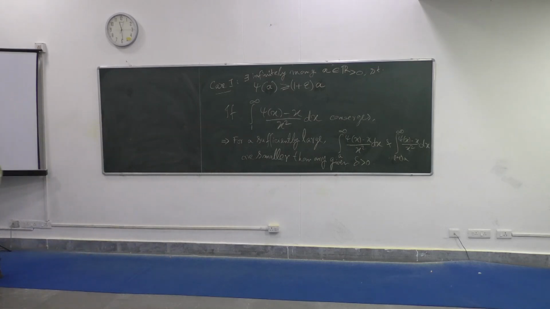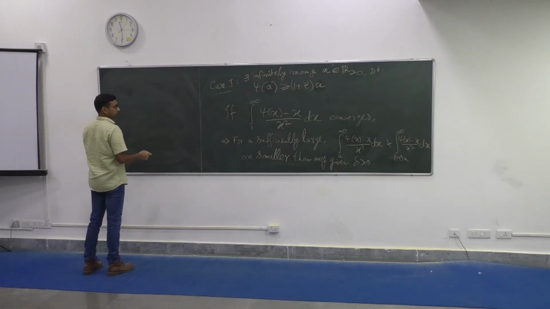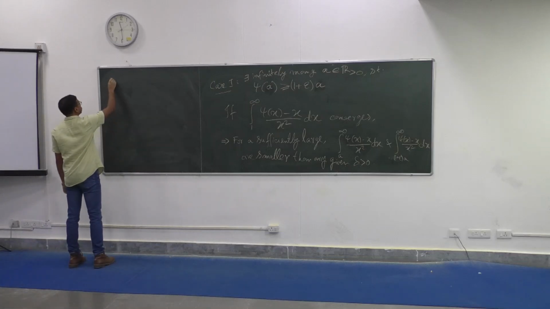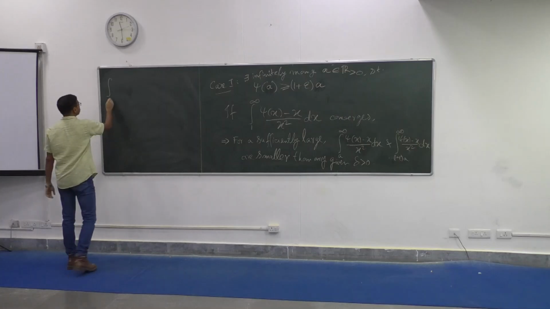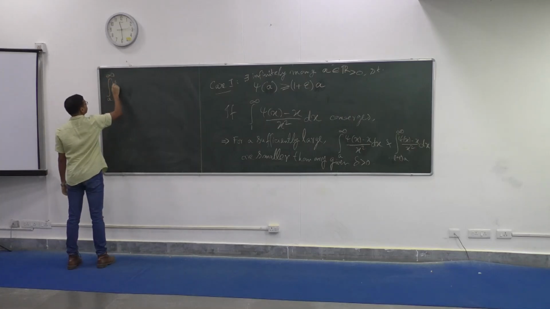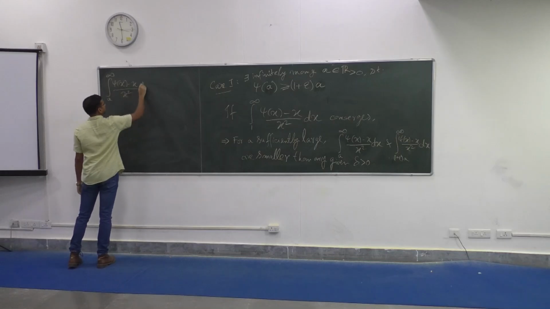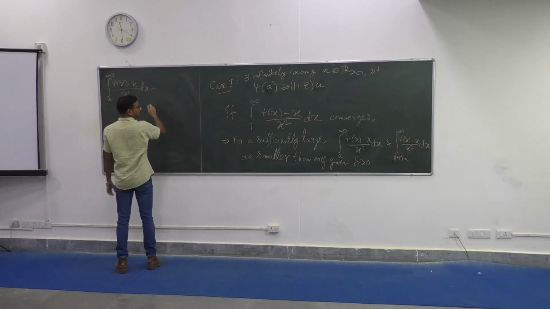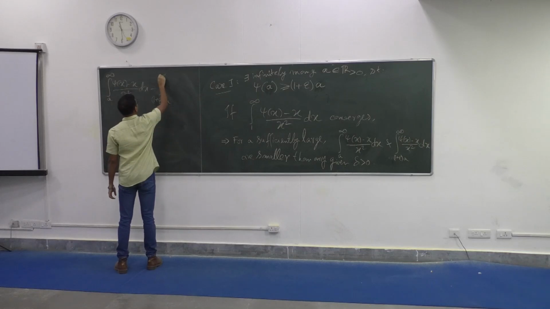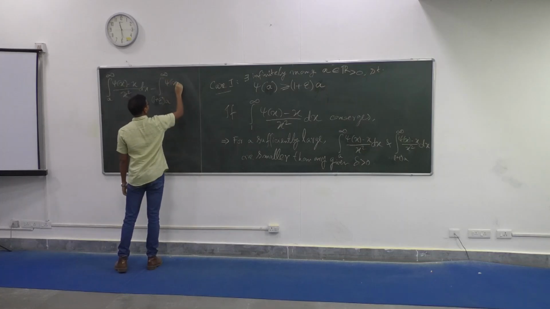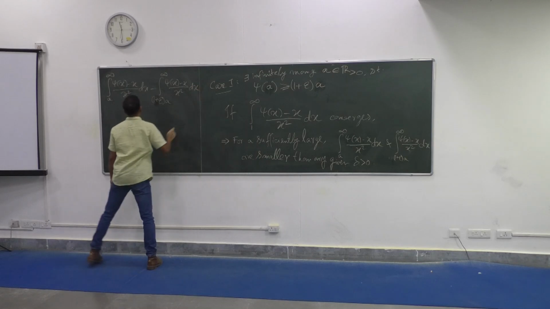That means if we take the difference, that also goes to 0. So take the integral from a to infinity of (psi x minus x) by x squared dx minus the integral from 1 plus epsilon times a to infinity of the same.